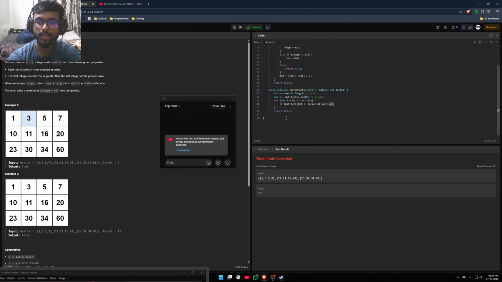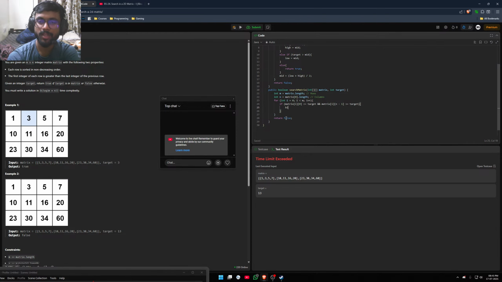matrix of I, what's the last index? N minus 1 should be right, is greater than or equal to target. So it lies in between.